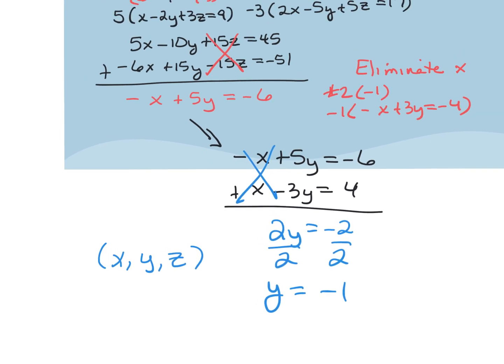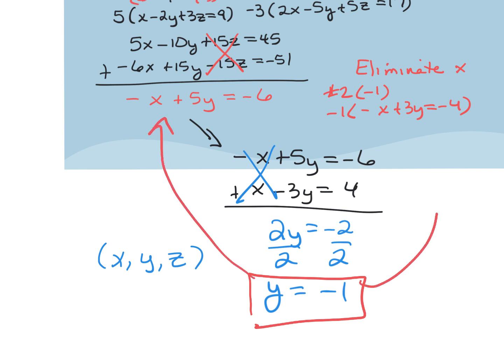Now, once you find the value of the first variable, we're going to go back up, and we're going to substitute it back in step by step. So now I'm going to take what I just found, y equals negative 1, and I can either plug it into this left equation or to the right equation. It doesn't matter.